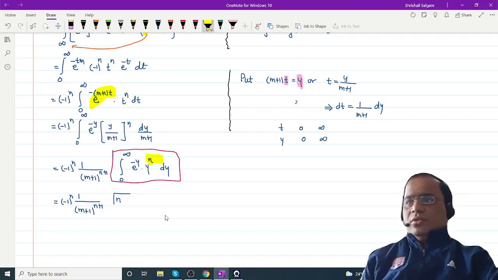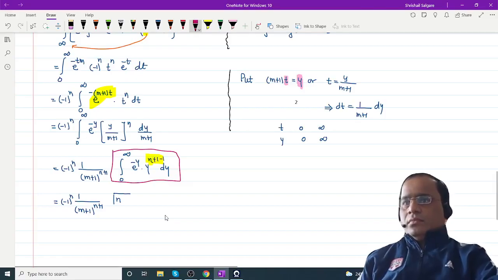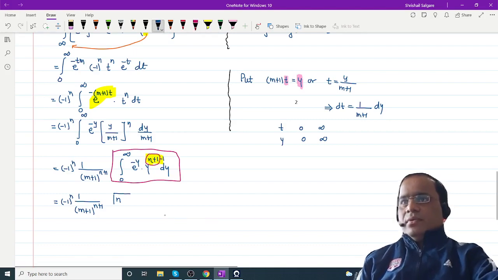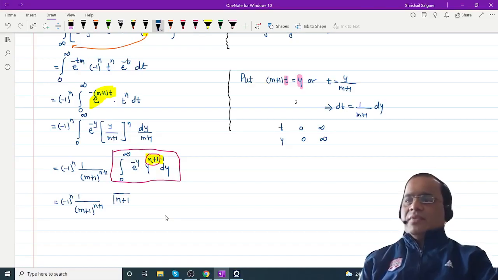So what should I do here? I have to make the adjustment, and this comes as gamma of n plus 1. And this one is the final answer. You have to consider it the final answer.